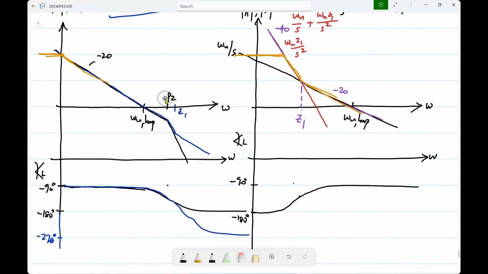So on paper, it's fine. If I want omega loop of 1 megaradian per second, I'll have the second pole at 4 megaradians per second. If I want it at 1 gigaradian per second, it will be at 4 gigaradians per second. But in a given process, you may not be able to push it beyond some value. So that kind of sets what is the maximum omega u loop you can have. Whereas in this case, you don't have anything.